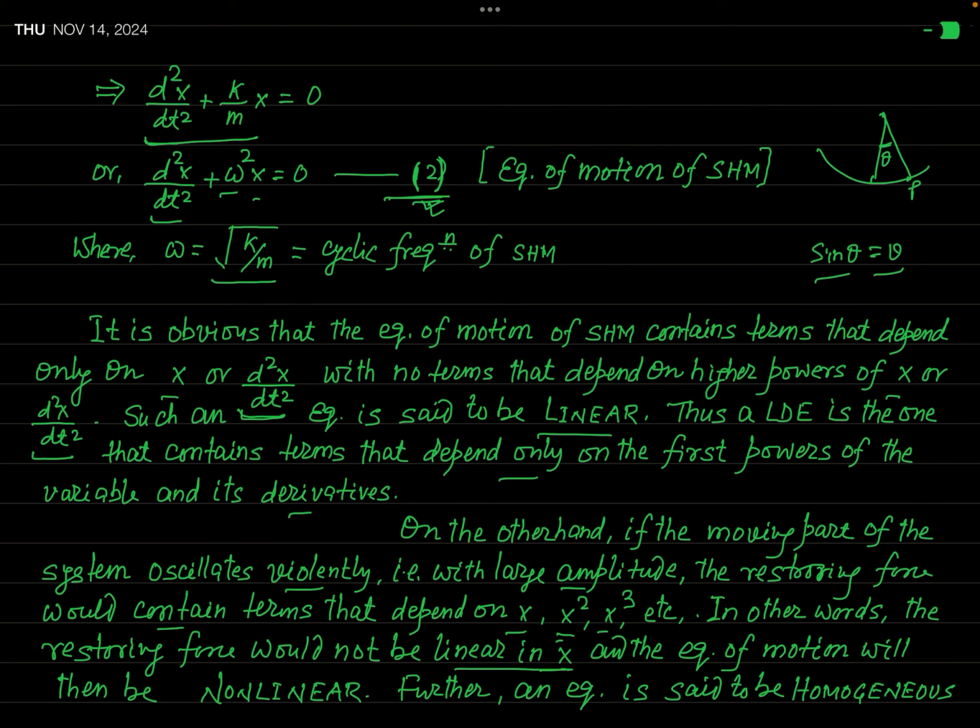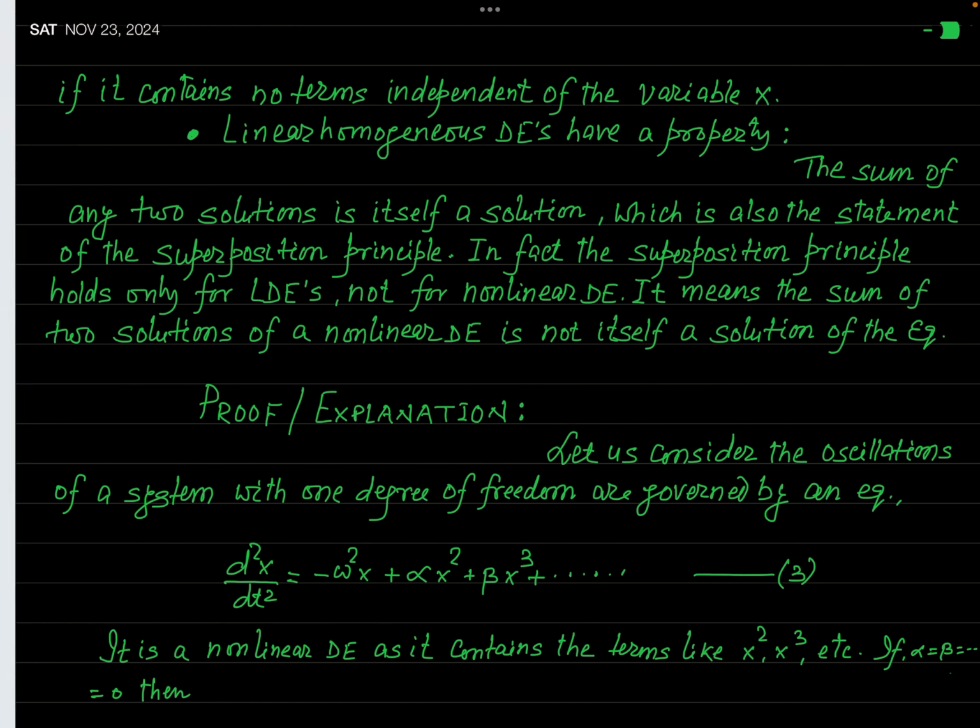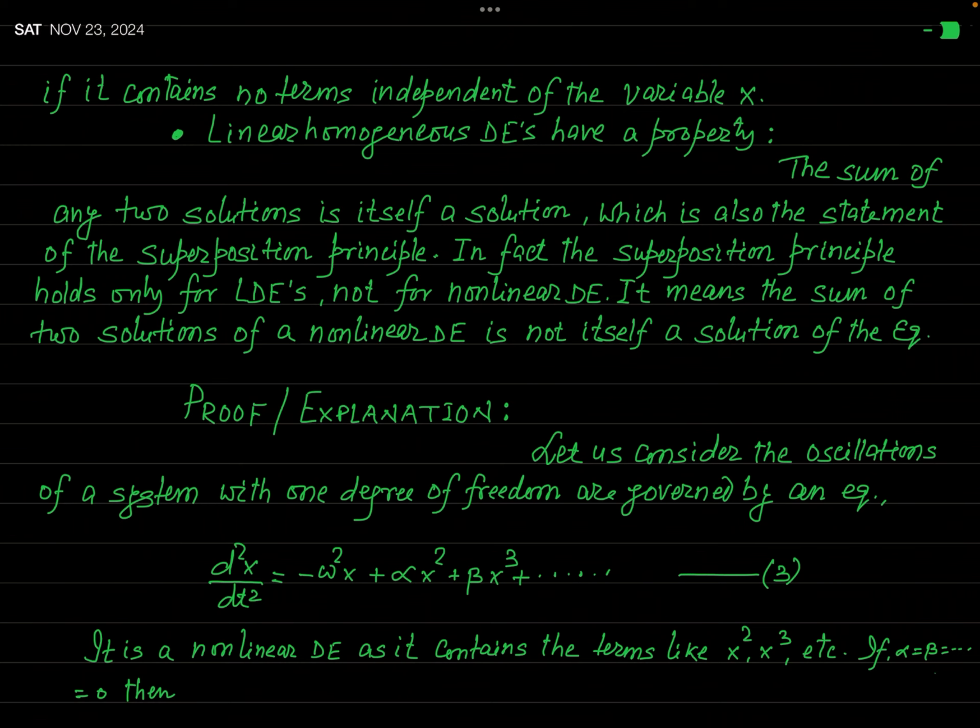Actually, in your course on differential equations, you have also learned about the homogeneous equation. A homogeneous equation contains no terms independent of the variable x. It means in a homogeneous differential equation, all terms will be only a function of x.